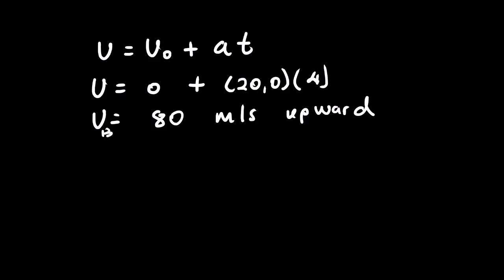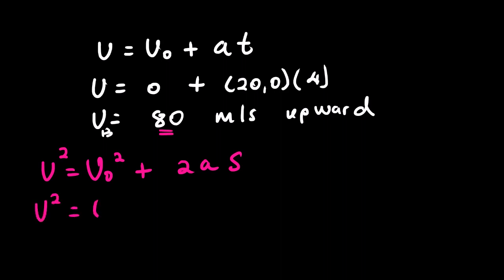Another option we can use, just to verify this, is V squared is equals to VI squared plus 2A displacement. So V squared is equals to initial we have 0 squared plus 2, we have 20.0.